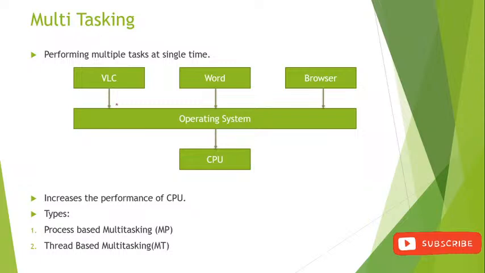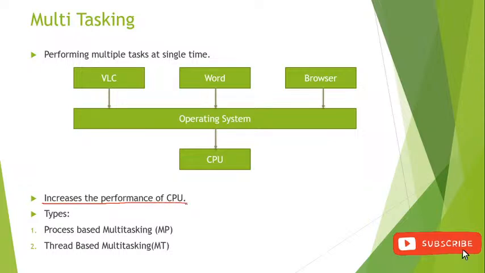Here VLC, Word, browser, if I run all the tasks at the same time, that is known as multitasking. What is the advantage of multitasking? It increases the performance of the CPU.